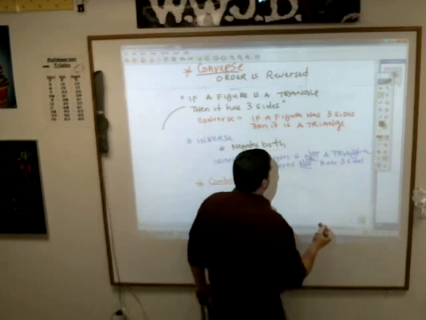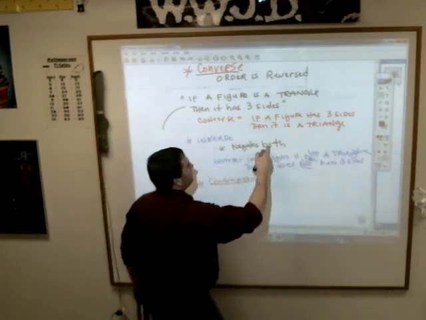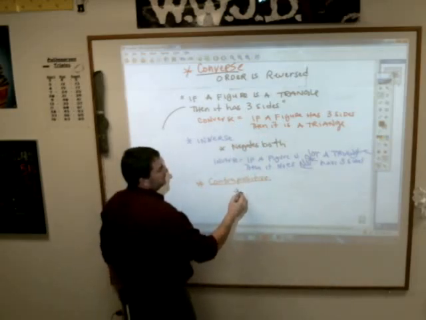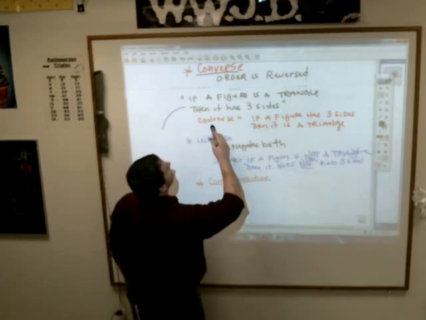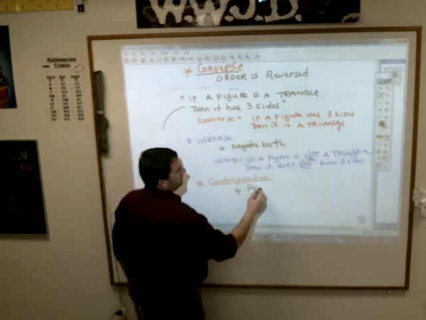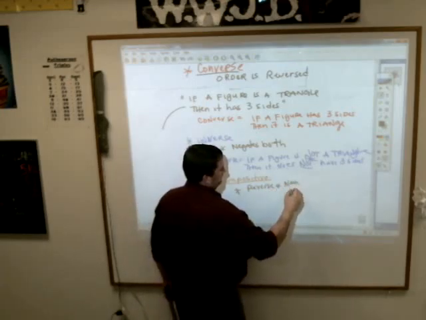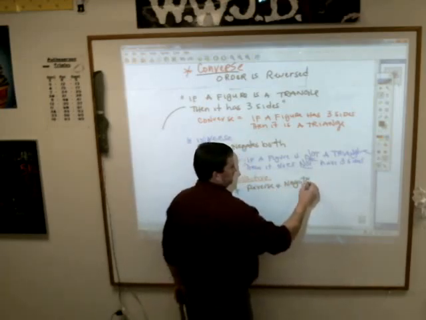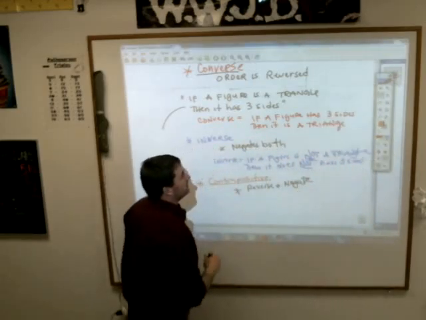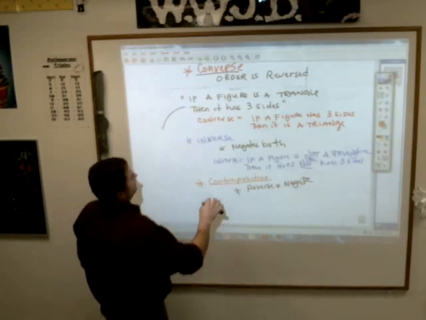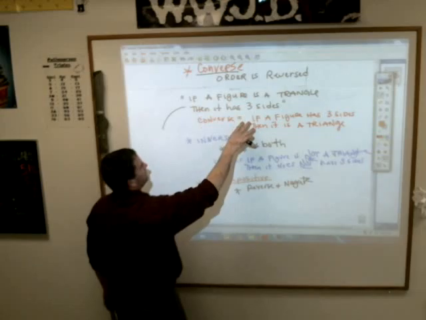It's a combination of those two. It does two things: you reverse the order and negate. So it would look like this. And again, we don't run across this a whole lot, but it does happen. With our original one, we do the second one first. The figure's a triangle that has three sides.